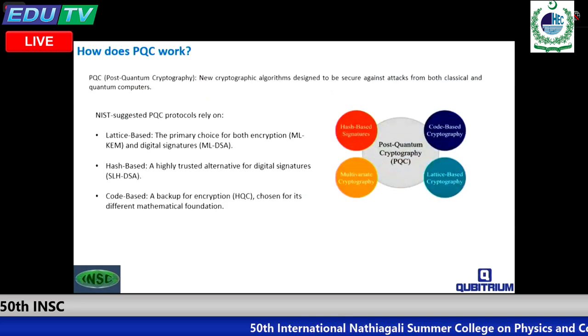Let's continue with post-quantum cryptography. I'm not an expert on this field. I don't know much about coding, so I will just summarize very briefly. NIST published 4 types of protocols based on different methods.